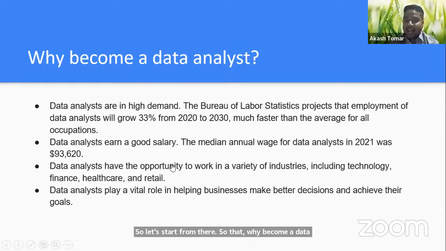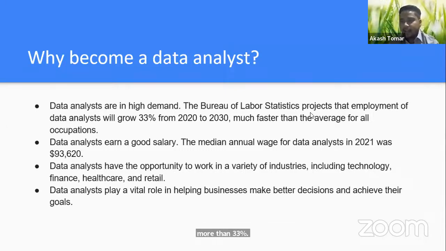Because data analysts are in very high demand in the current market. As per the Bureau of Labor Statistics projection, employment will grow by more than 33% from 2020 to 2030. That's the trend in the job market for data analysts.